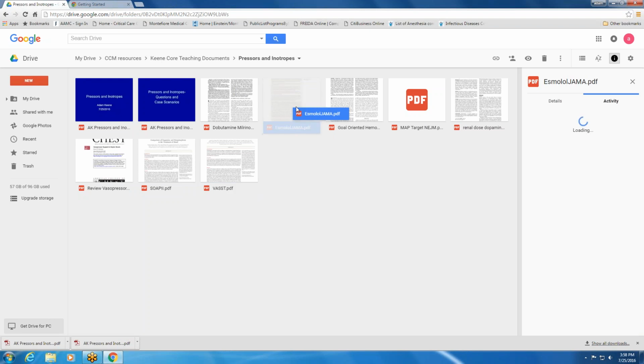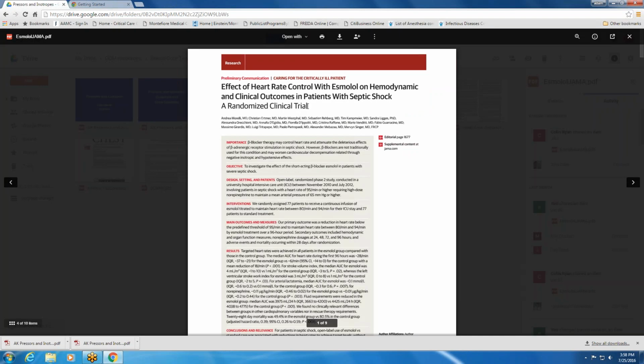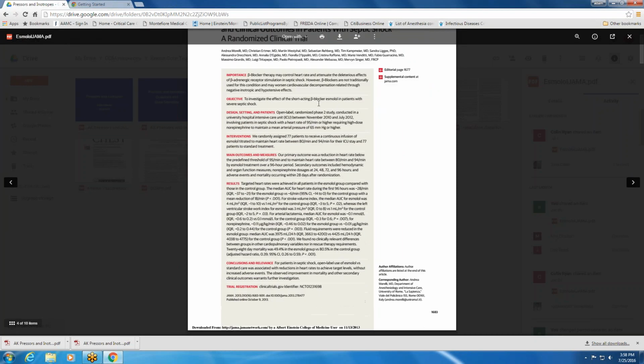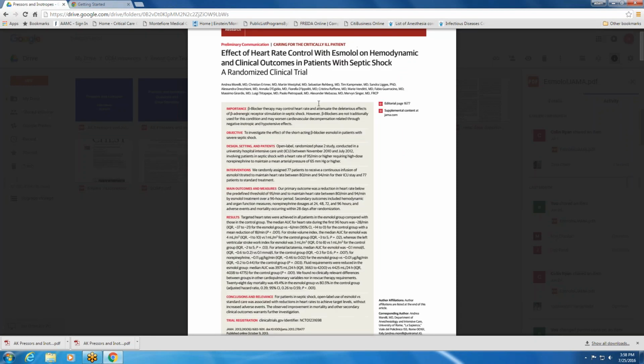The only other study here that was kind of a mind blower, that really nobody knew what to do about, but a big deal was made about, came out in JAMA about 3 years ago. It was a study looking at patients in septic shock and randomizing them to the opposite of what we would usually use for septic shock, a beta blocker.